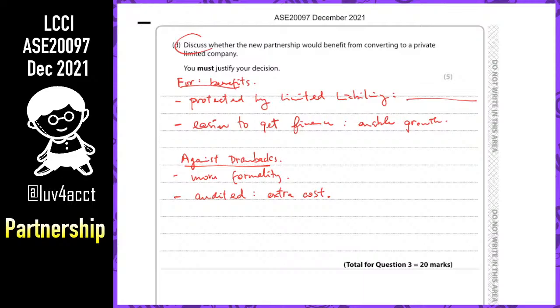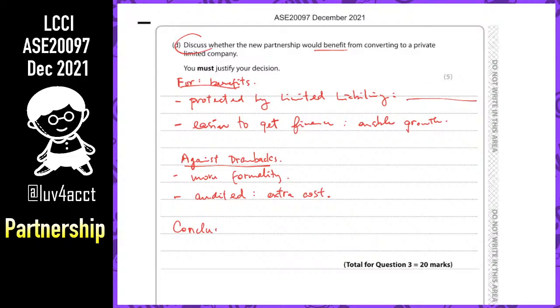But remember, although I say I would prefer writing the drawbacks as well, in this one you have to discuss whether the new plan will benefit. So you should focus more on the benefits, and then write just maybe one point of drawbacks, and then make a conclusion.